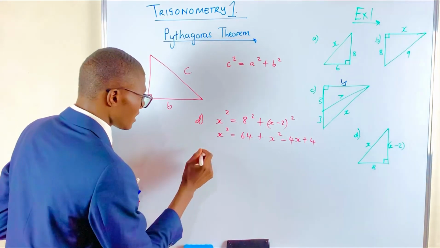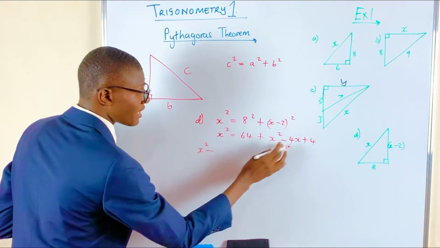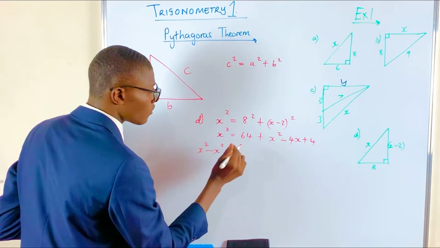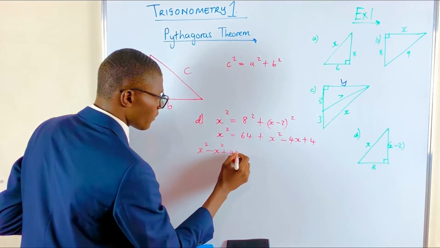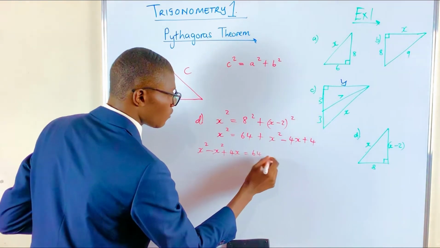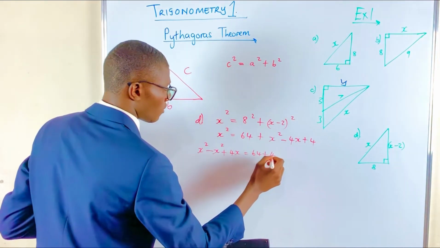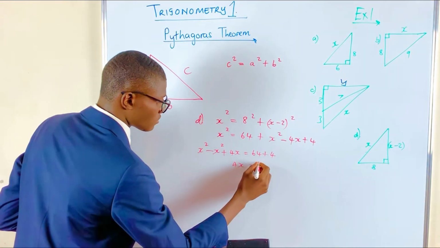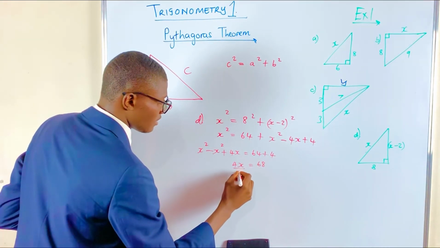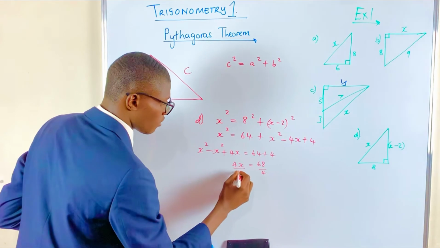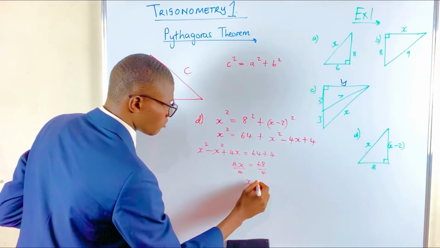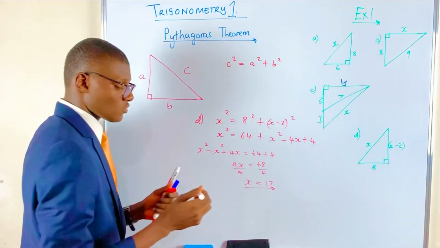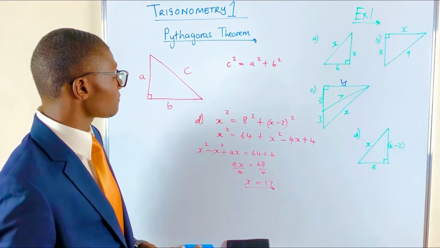So we're saying x squared minus x squared plus 4x is equal to 64 plus 4. This will give us a 0. So 4x is equal to 68. Then dividing both sides by 4, x will be equal to 17. So that's the value of x.